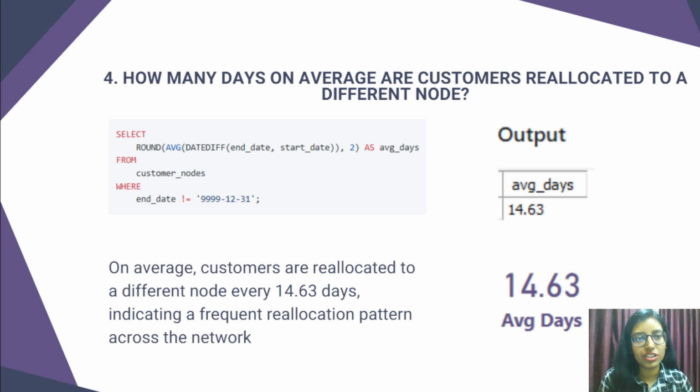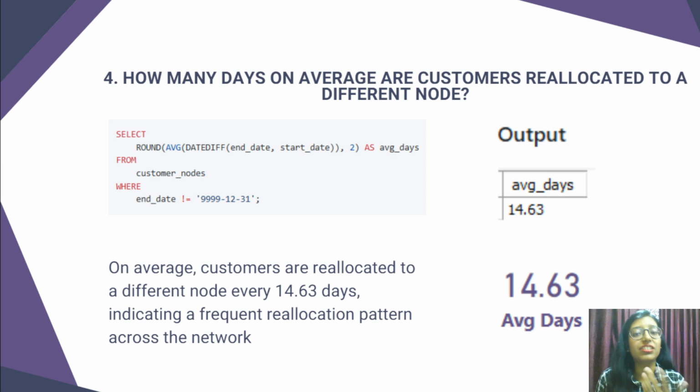In this question, we need to identify how many days on average customers are reallocated to different nodes, like how much time they take. As a result, we got the answer of 14.63 days. On average, it takes this much time to reallocate a user from one specific node to another node.